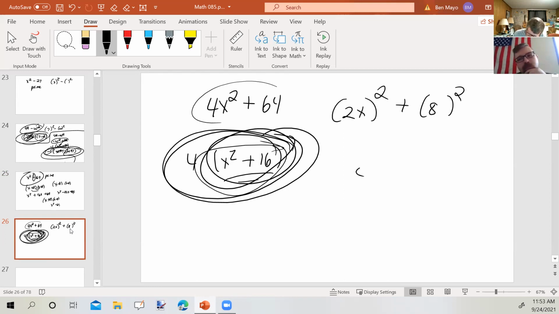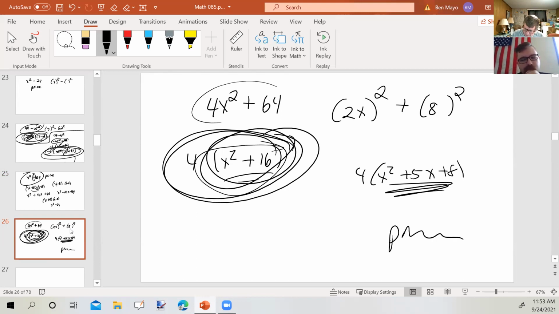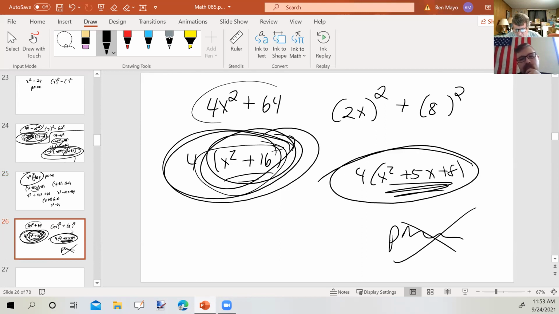It wasn't in this section, it was with the trinomials, but they had something like this, and this part didn't factor anymore. So they wrote prime, and the WebAssign said, no, that's incorrect. Well, they had factored out the greatest common factor. So that was the answer right there. Okay. All right.